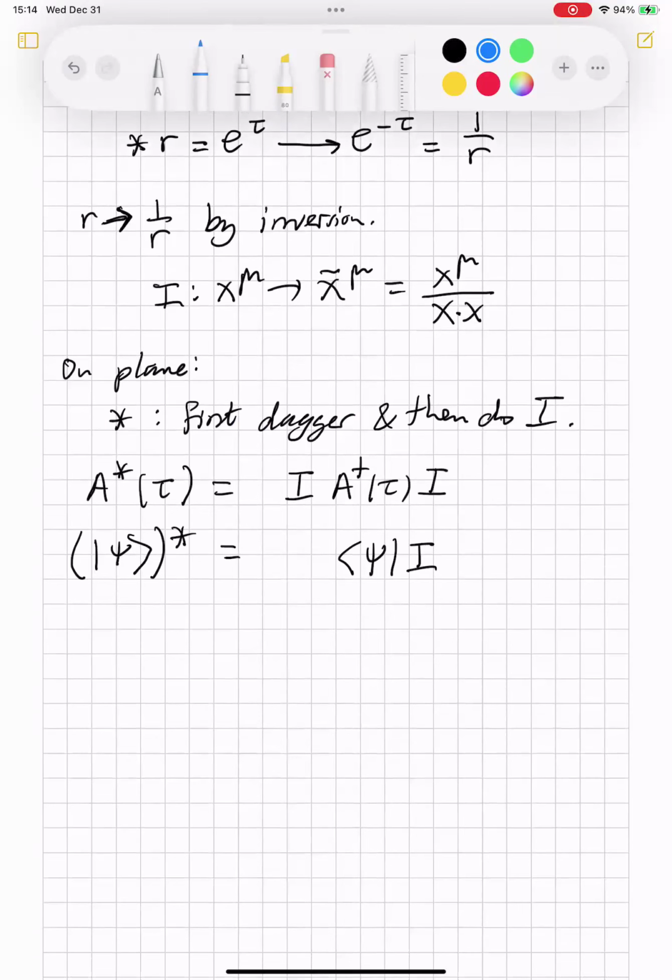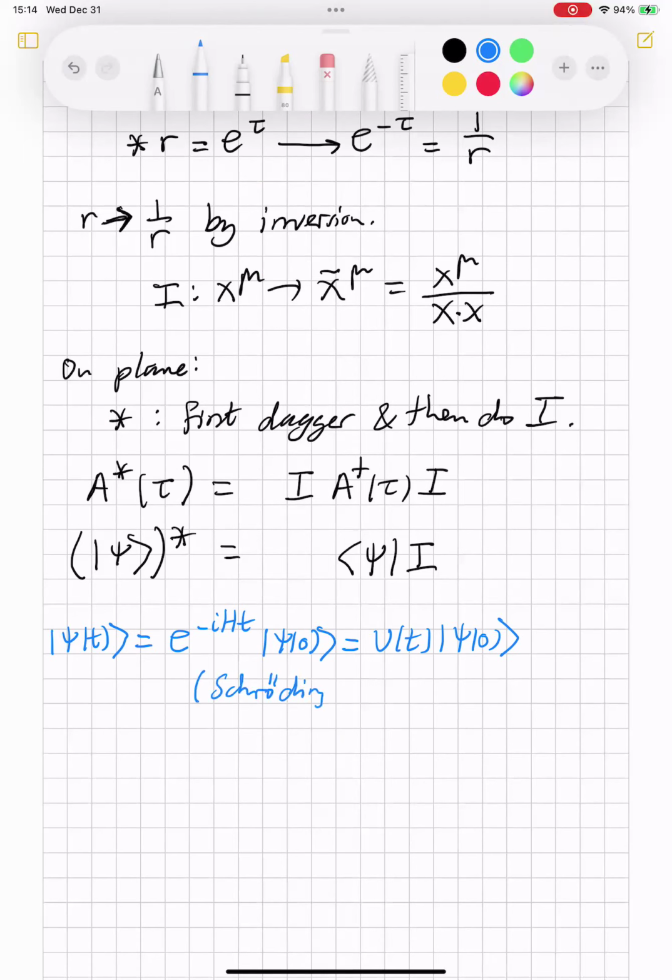So when you think about ket psi of t, this we obtained by applying e to the minus iHt to the ket at time naught. So this was just U of t acting on the initial ket. And this would have been happening in the Schrödinger picture. So this is the kind of formula that we wrote down when we wrote down Schrödinger picture evolution.